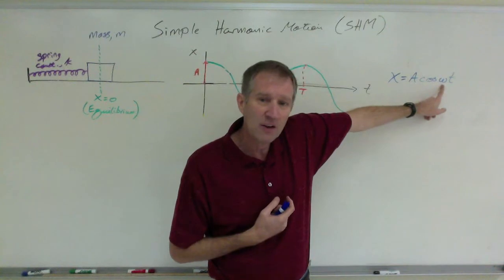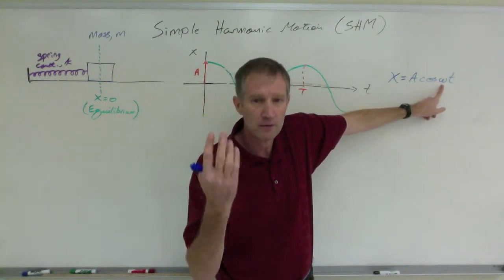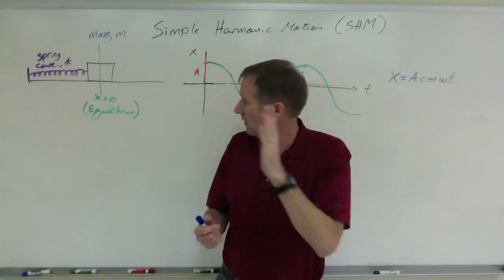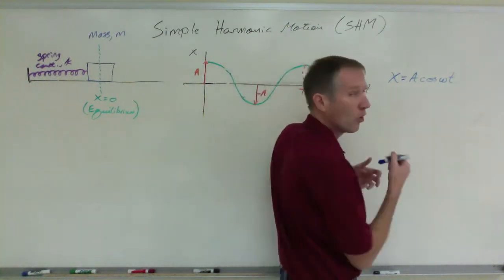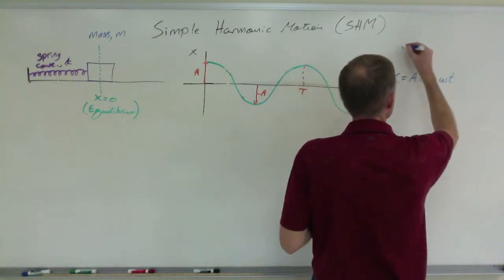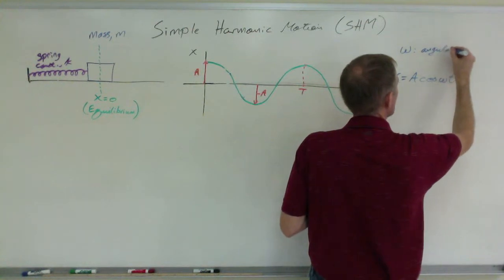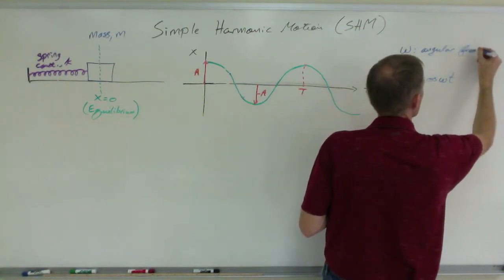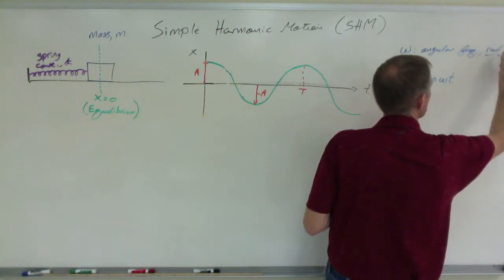Omega is called the angular frequency. We've used angular velocity before for something going around in a circle. When we talk about oscillations and simple harmonic motion, lowercase omega is referred to as the angular frequency, and it is measured in radians per second.